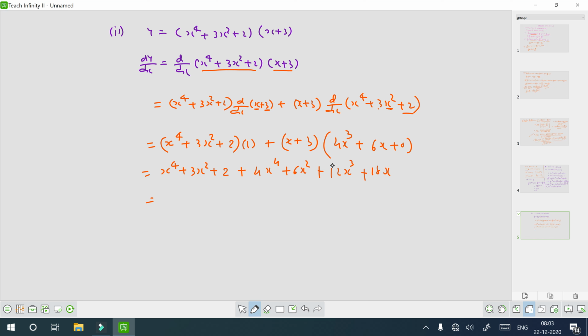So 4x raised to 4, 5x raised to 4 plus 12x cube, 6x square plus 3x square, 9x square plus 18x.